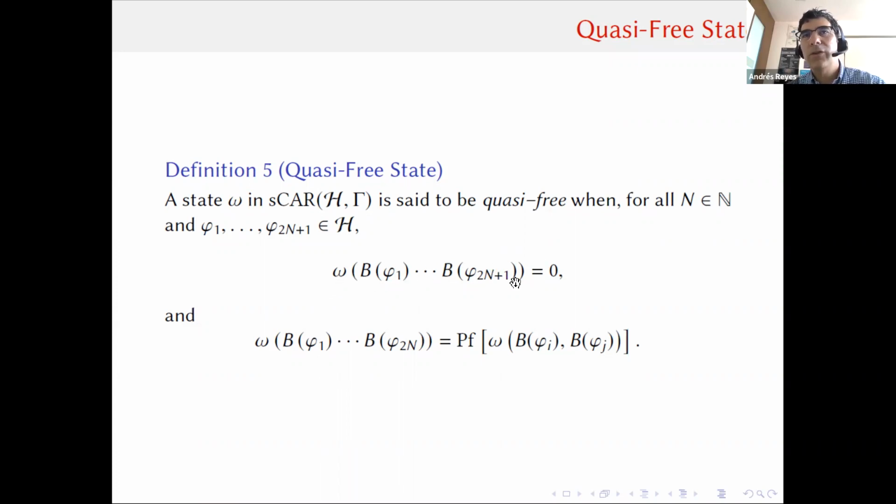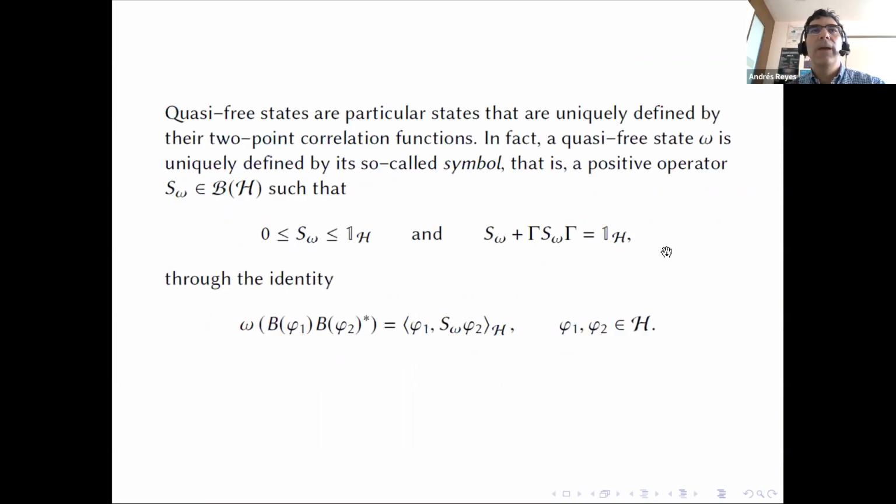So for odd products of operators, we get zero, and for even ones, we get a combinatorial formula in terms of two-point functions. So we have this definition in terms of a Pfaffian because this is the self-dual version.